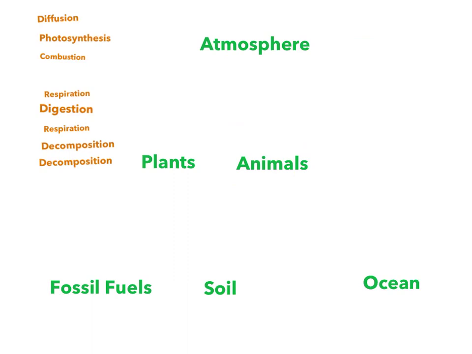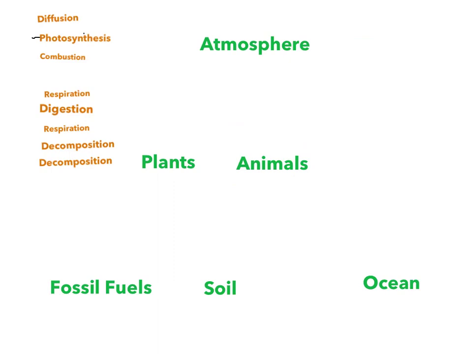So the first one we're going to look at, because we've been already talking about this, is how it moves between plants, animals, and the atmosphere. Well, we know one way that carbon dioxide can move out of the atmosphere and into the atmosphere is through photosynthesis and respiration, because we just talked about those.